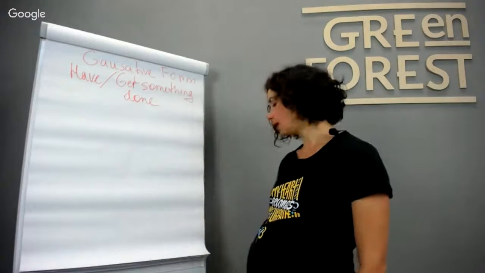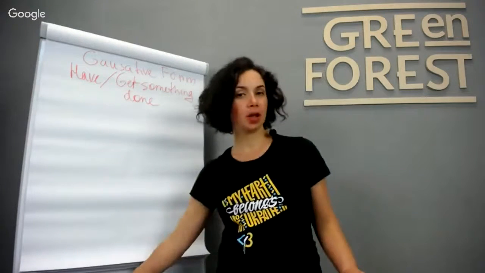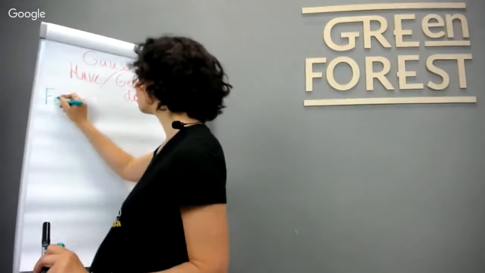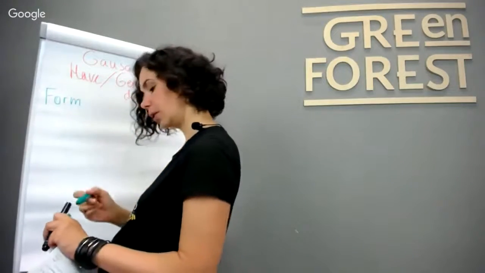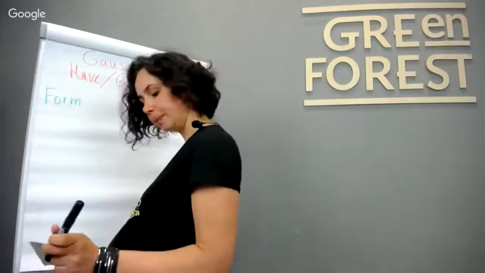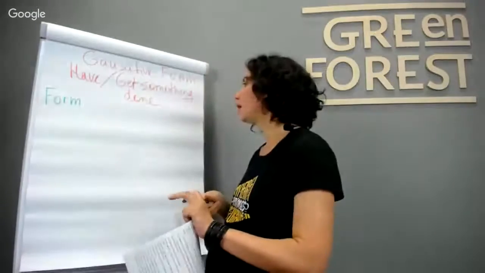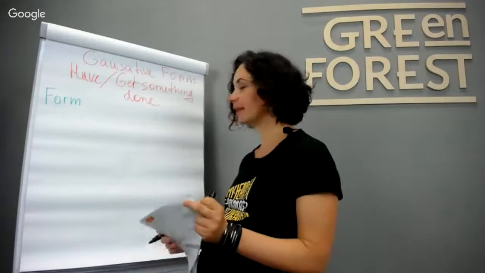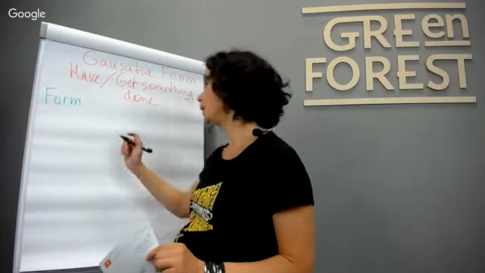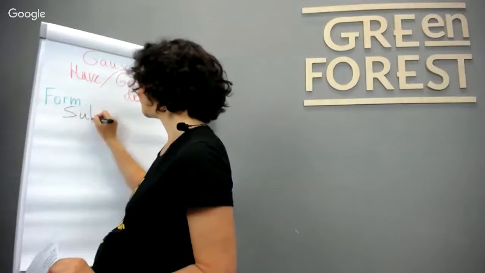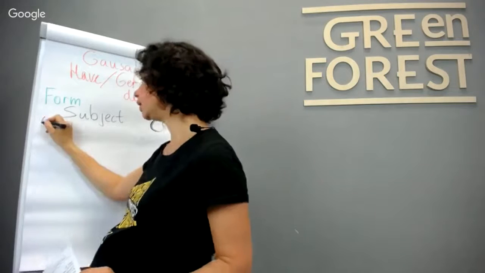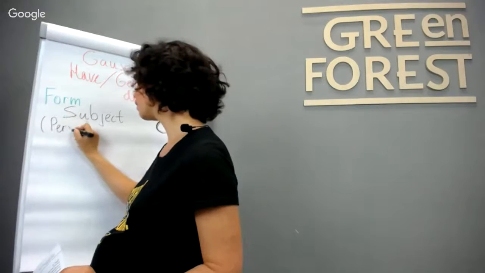First of all, I would like to look with you at the formation, how we create this construction. So, form. I will write you a big formula and after that a short one. First of all, we use subject. Subject, it's a person.